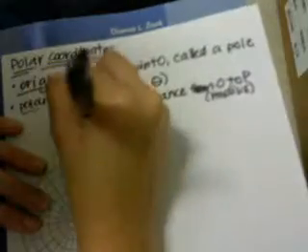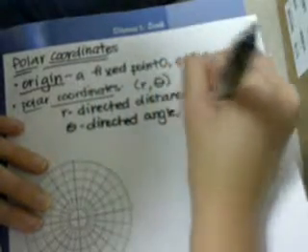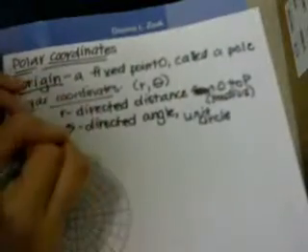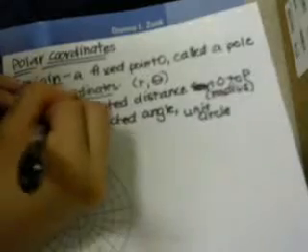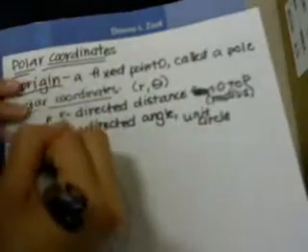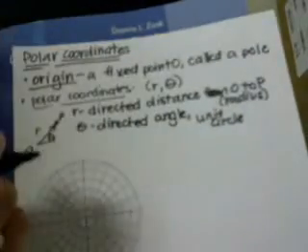And the theta is the directed angle. And we're going to use the unit circle to find that angle. Just as a quick reference point, if this takes me to my point P, O is my origin, r is my radius, and theta is my angle. And that'll happen each time you're looking at a problem like this.